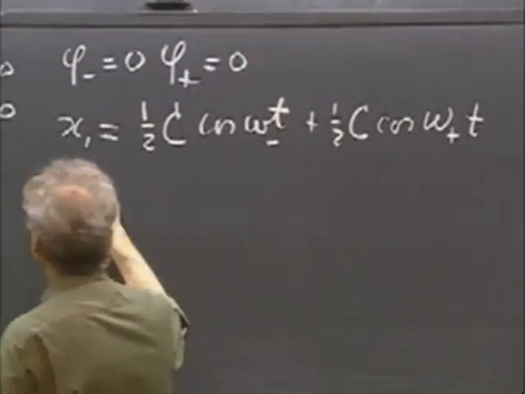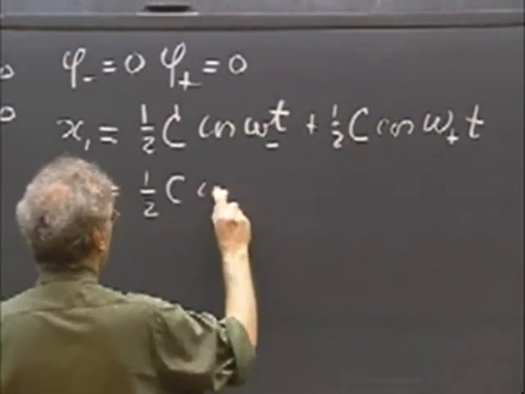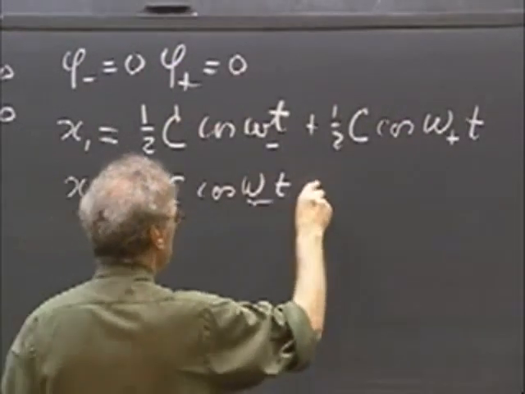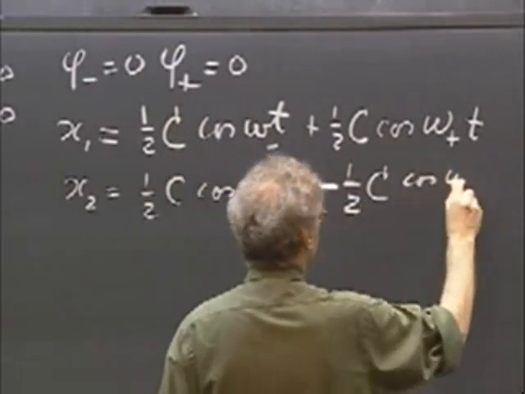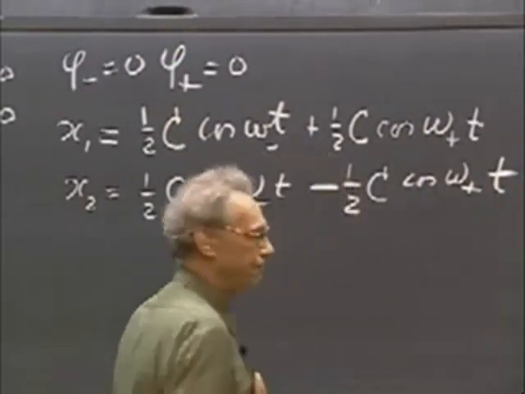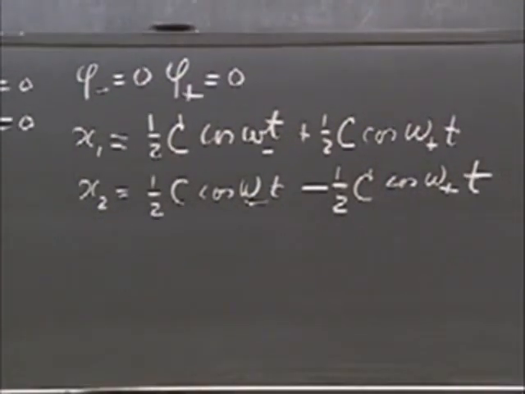And x2 is 1/2 c times the cosine omega minus t minus 1/2 c times the cosine omega plus t. Take a deep breath, substitute in there t equals 0, and you see immediately that x1 is c, and substitute t equals 0 in the second, and then you see indeed that x2 is 0. No surprise, because that's my initial condition.